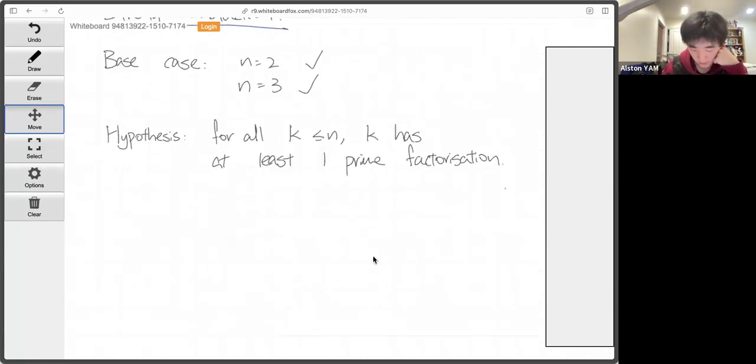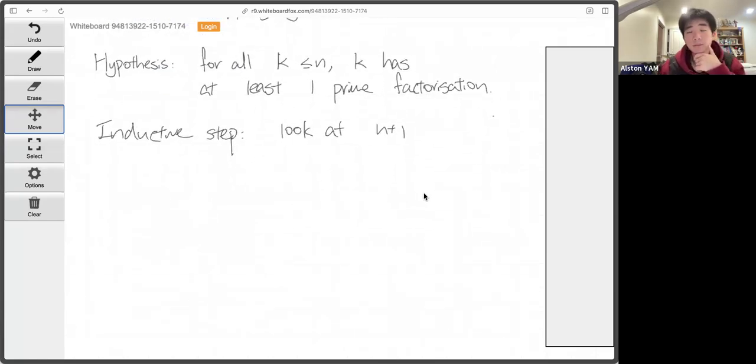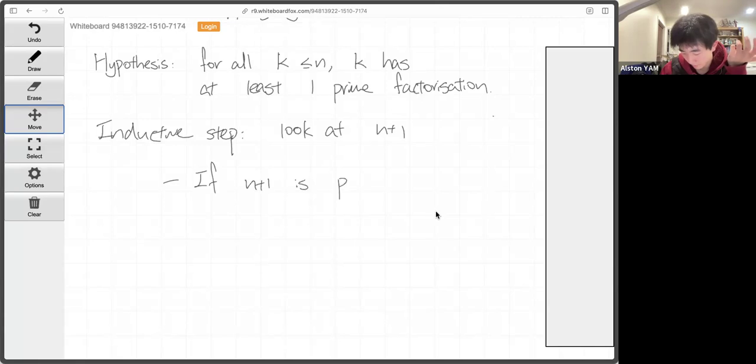And so our inductive step will be looking at n plus 1. Let's look at n plus 1 and see what happens. Let's look at it in a few cases. If n plus 1 is prime, well then we're just done, because n plus 1 is prime, it has a prime factorization. So we're done.